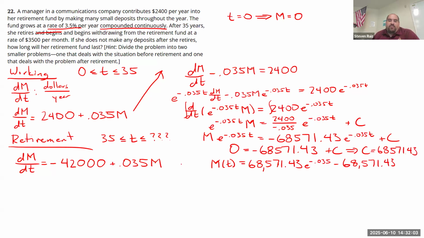Actually, it's not quite true. Skipped a step here because this e term is still over here. So what happens if I divide off that exponential term? If I divide both sides by that term, then this is going to cancel out, this is going to cancel out, and then this will have e to the positive 0.035t.